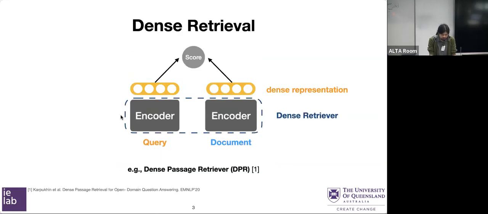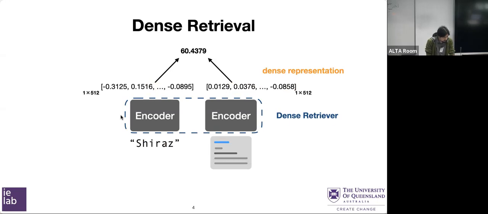So one of the recent neural information retrieval paradigms for query and document matching is dense retrieval. It uses a fine-tuned pre-trained language model, for example BERT, to get dense representation vectors of queries and documents, and then computes the similarity scores for retrieval. These pre-trained language models are therefore called dense retrievers. One typical example is dense passage retrieval, or DPR, which is a BERT-based bi-encoder. Consider the case where you type Shiraz in.